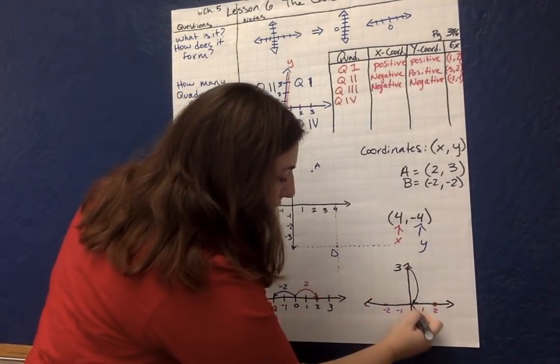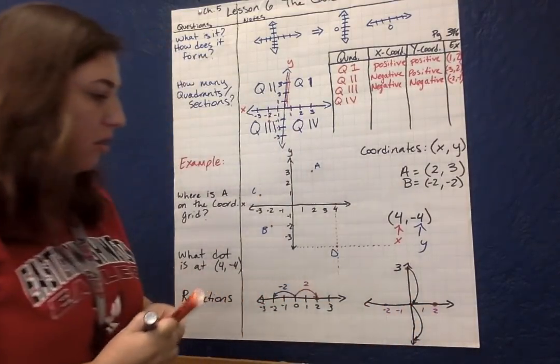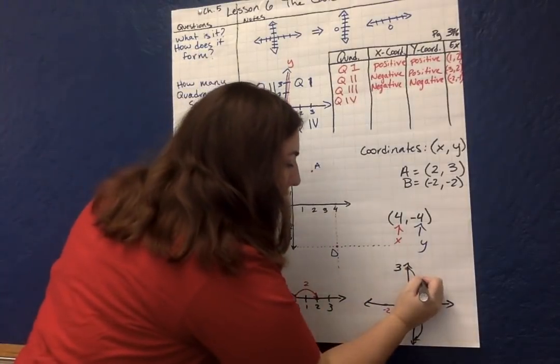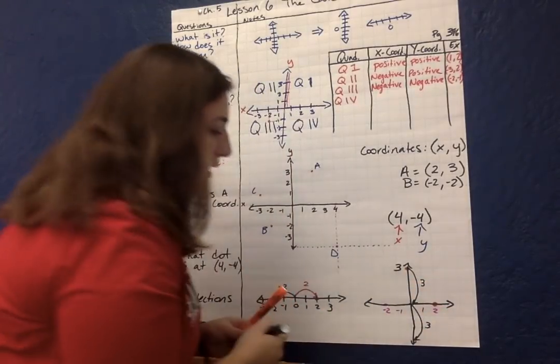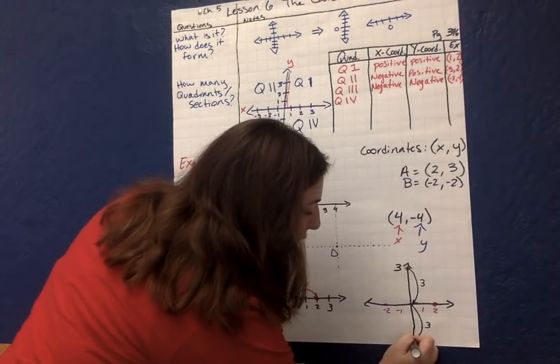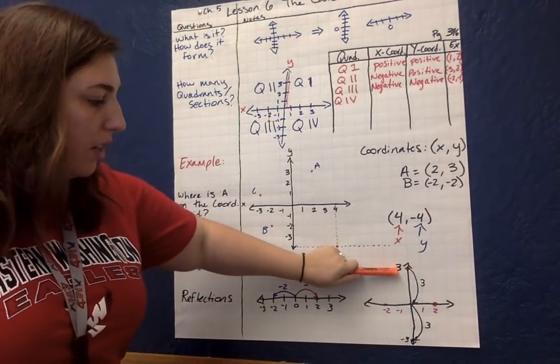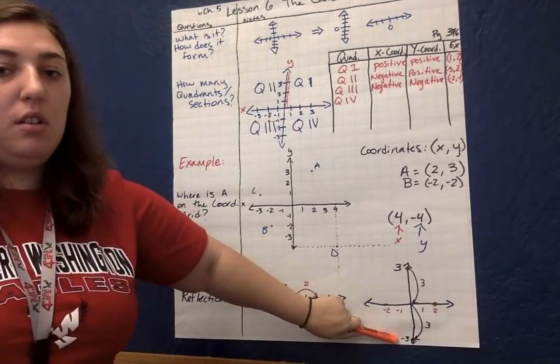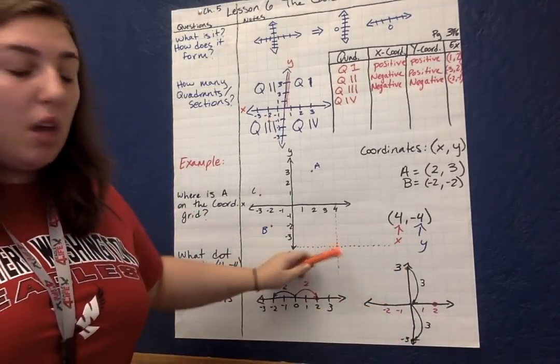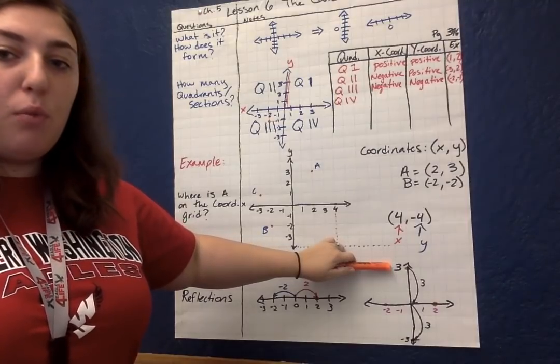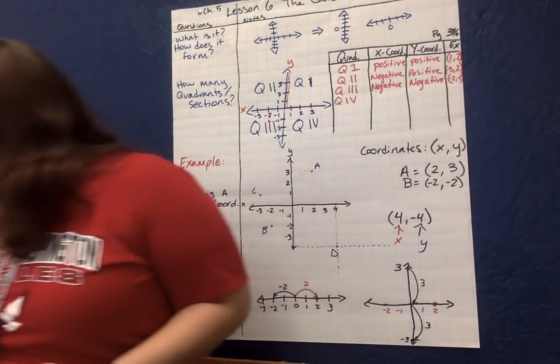So if I go another 3 spaces, I'm right here. Okay, so I went 3 spaces. I'm going to go another 3 spaces, and I'm at -3. Or if I just folded this over, I would be at -3 again. So -3 is a reflective point of 3.